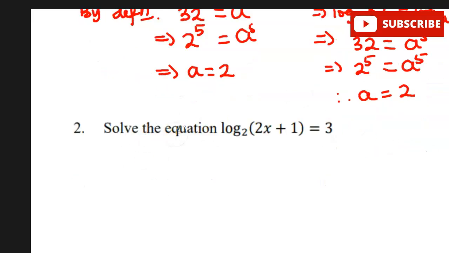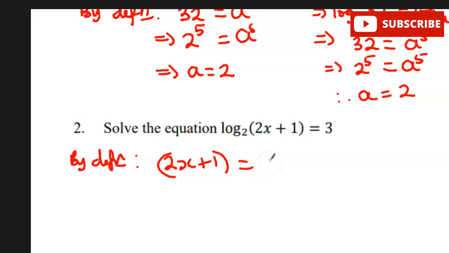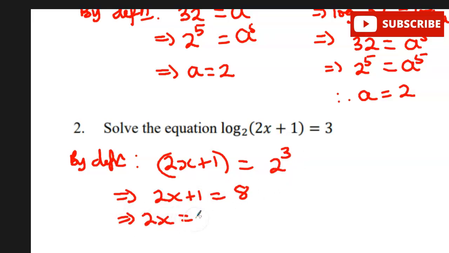The second one, solve the equation. By definition, you can say that 2x plus 1 will be equal to 2 to the power 3. This implies that 2x plus 1 is equal to 8, so 2x will be 8 minus 1.